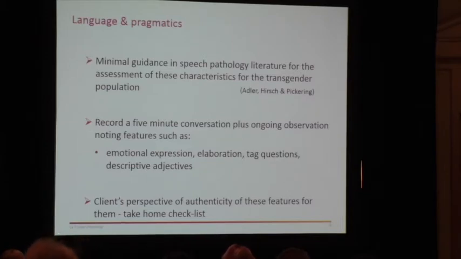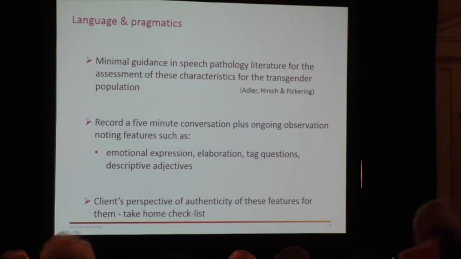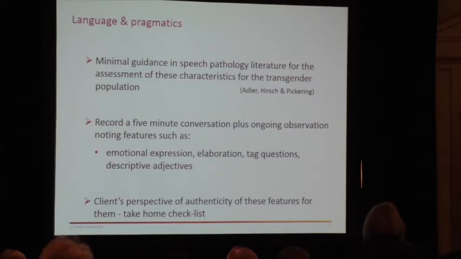What we tend to do is record a 5-minute conversation, plus ongoing observation, noting features that Jenny referred to, such as the use of tag questions and descriptive adjectives. But the key point here is that we don't want to impose behaviours for which there's not a lot of evidence and which may be stereotypical.